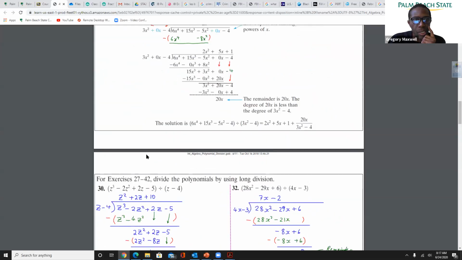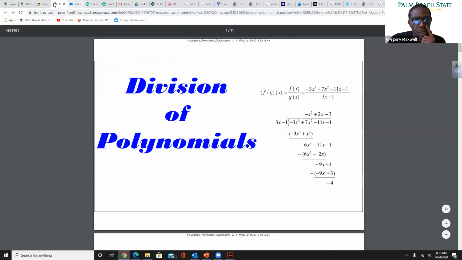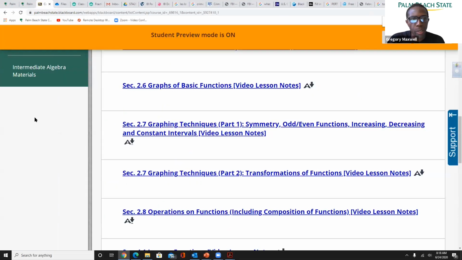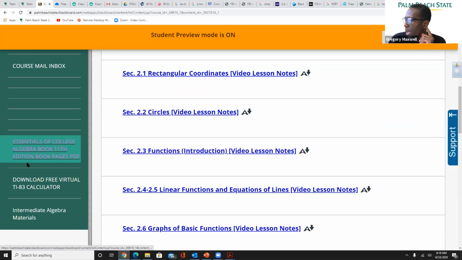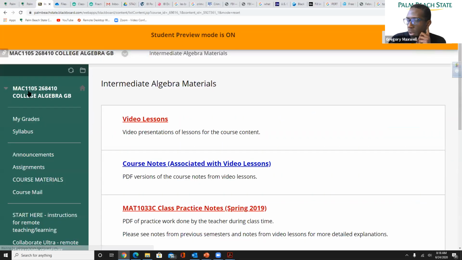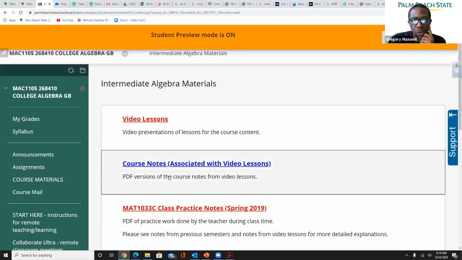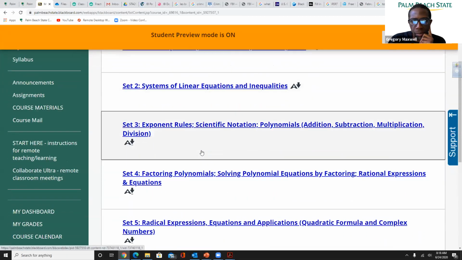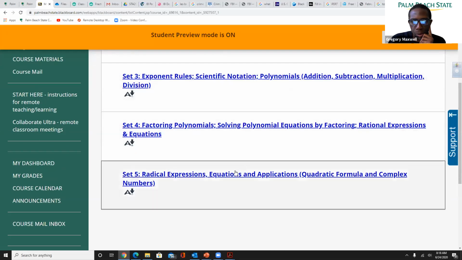In addition to that, you can go to the bottom of the green bar, where it says intermediate algebra materials. You click on that, and if you go to my class notes from spring 2019, there's a section about dividing polynomials.